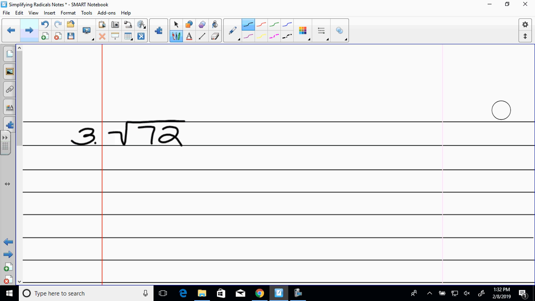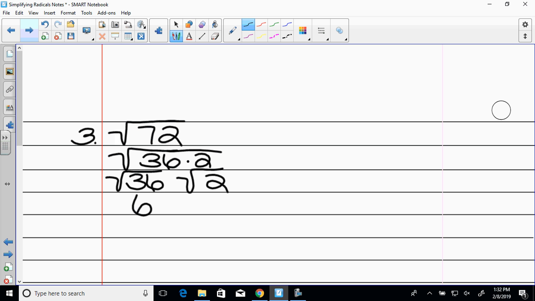And so we break that apart. We have square root of 36 times 2, and then separate them. Square root of 36 times the square root of 2. Well, what is the square root of 36? It is 6. I can't simplify the square root of 2 anymore, so I'll leave it under. So square root of 72 simplifies to 6 root 2.